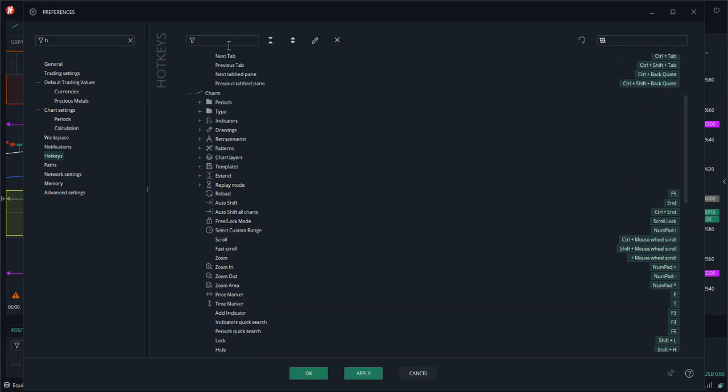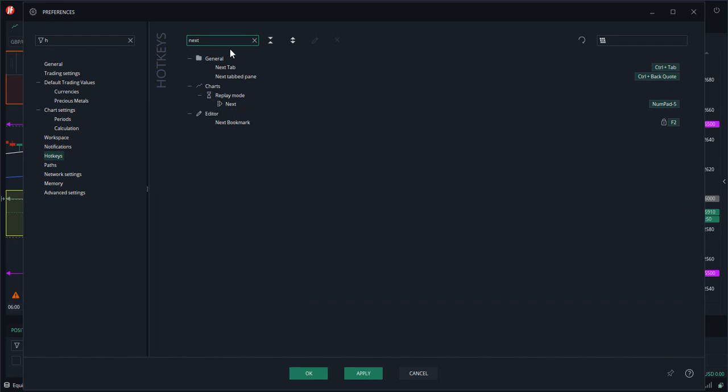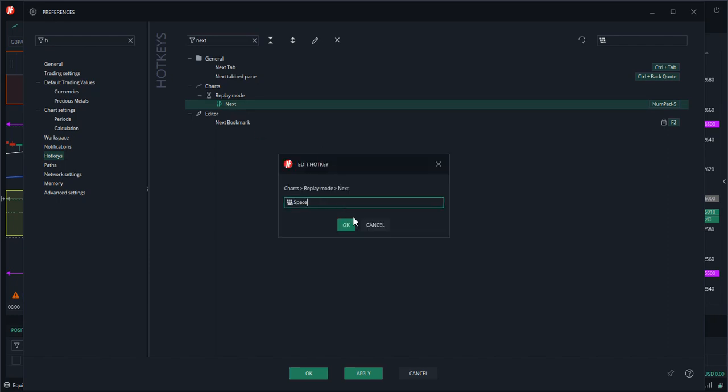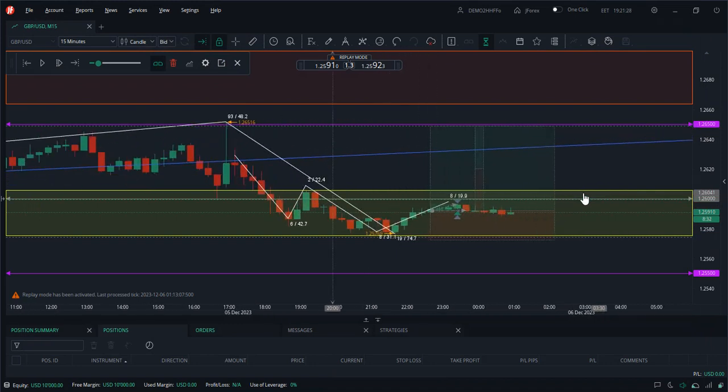There should be a next here. Okay, this is it. I want it to be my space bar. Apply. Okay, all right. Sorry for that delay.